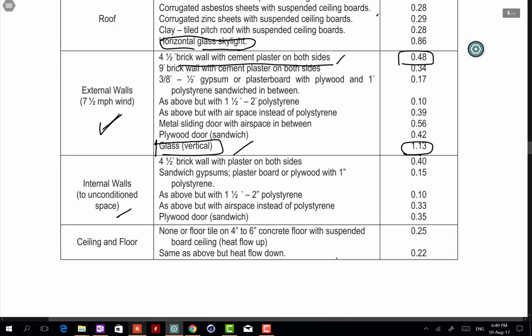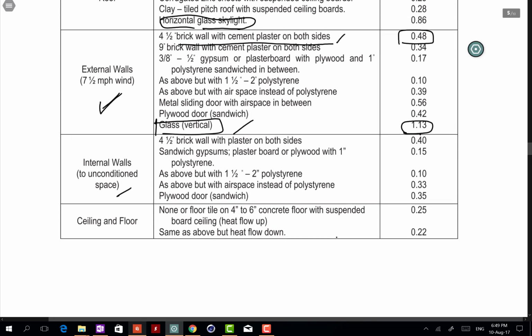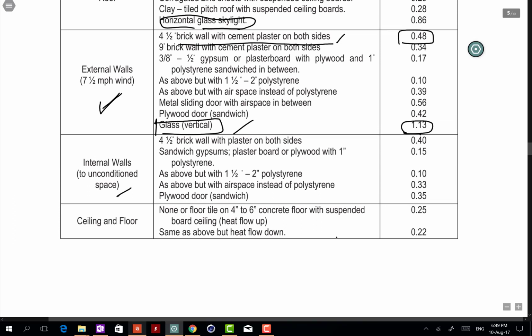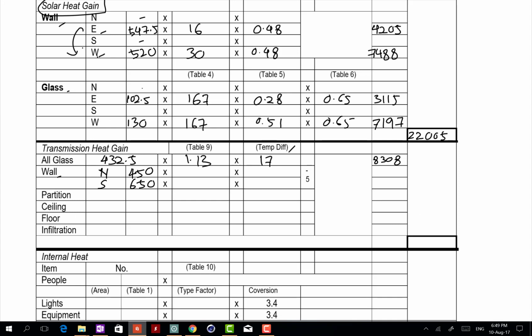Okay, so remember, the external wall can be directly exposed to the sun, while the internal wall is inside the building, never exposed to the sun. Okay, now I put here 0.48.